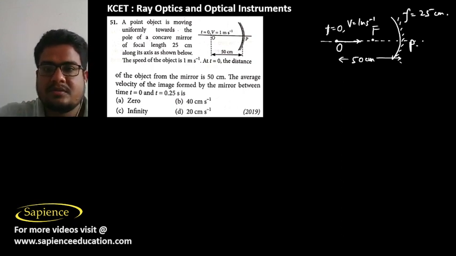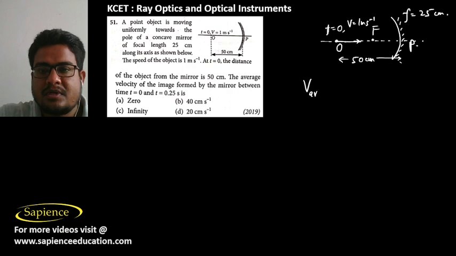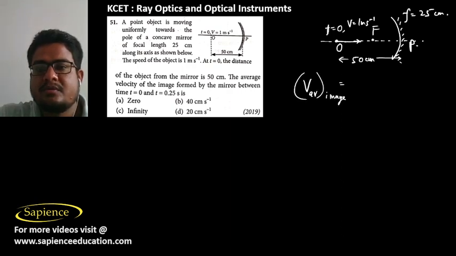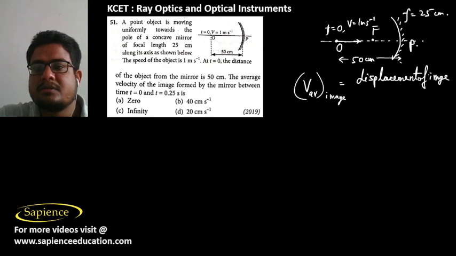The average velocity of the image will be equal to the displacement of the image divided by the time interval. Total displacement of the image divided by time interval.